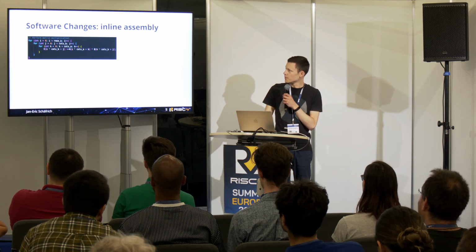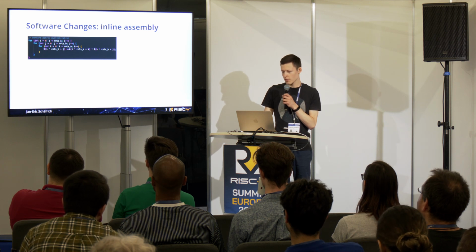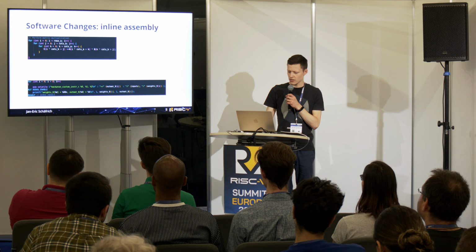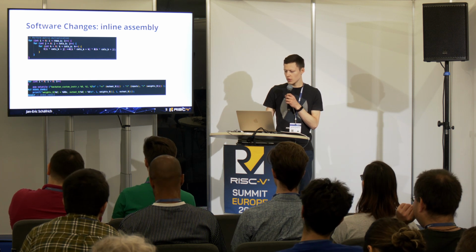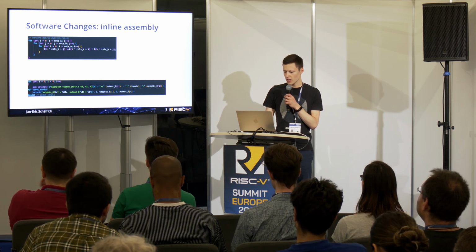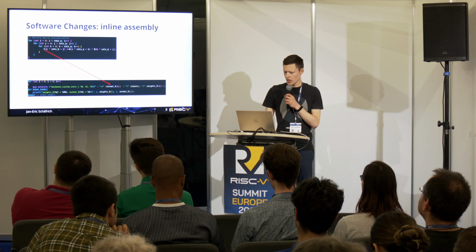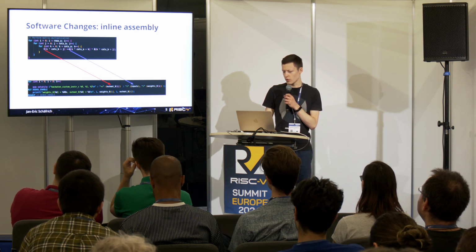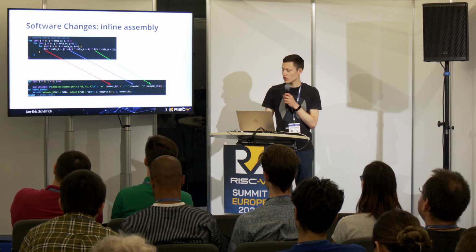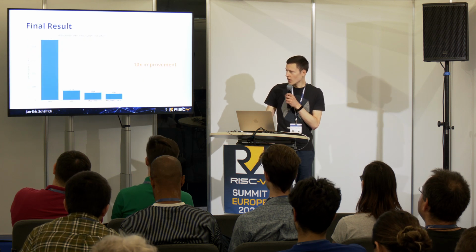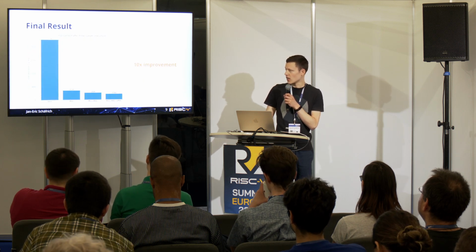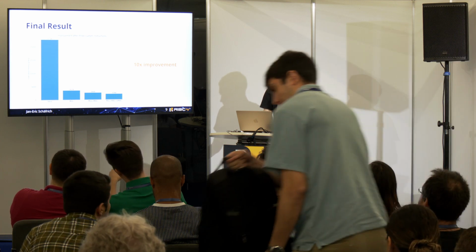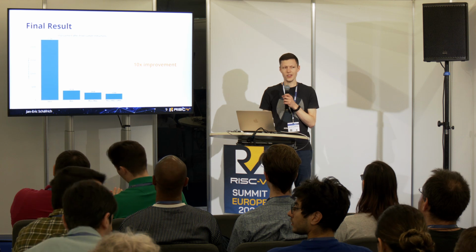And for the new instruction to be used, it was necessary to use inline assembly, so I changed the code here again. That's where the input and weight matrix and the output matrix are matched. In the end, this yielded a 10 times reduction of the cycle count. And this is my final result.